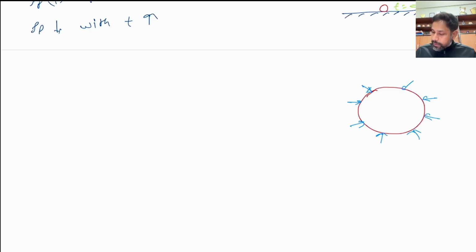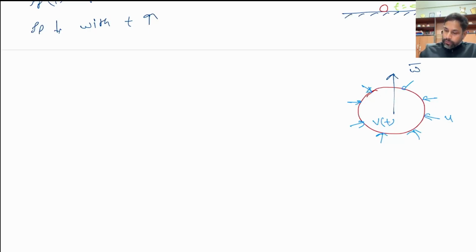And let's assume that entrainment is happening in the normal direction, and the plume is moving upward with vertical velocity of w bar, okay? And here it has the volume V of t.